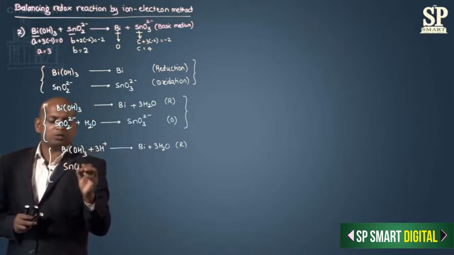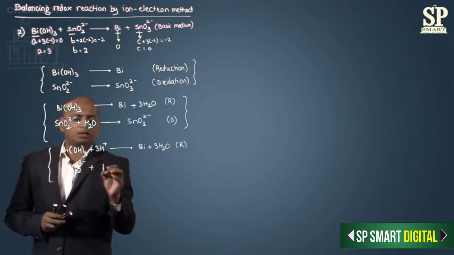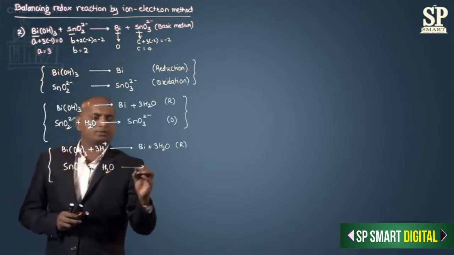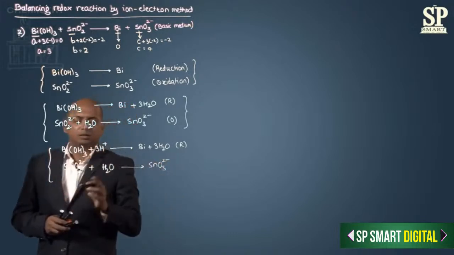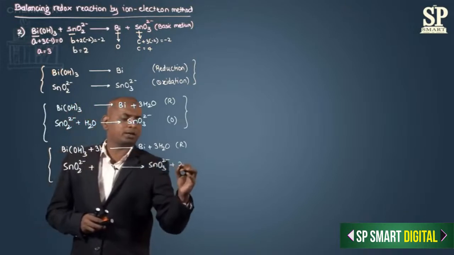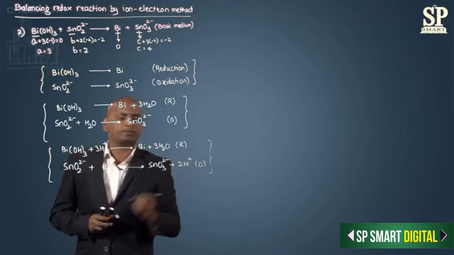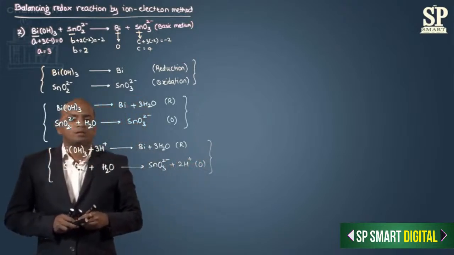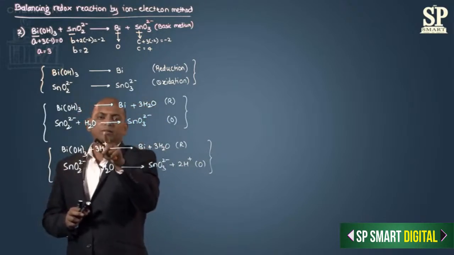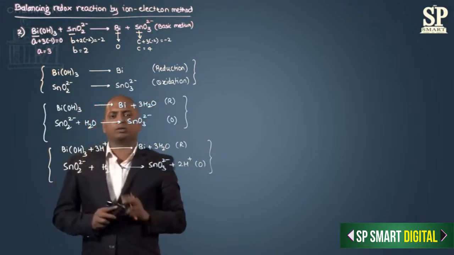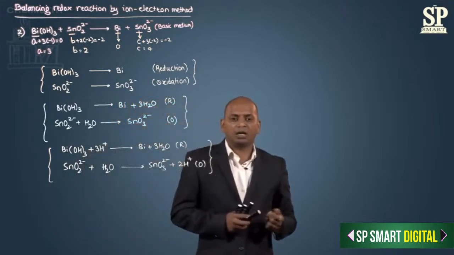Then SnO2 2 minus plus H2O gives you SnO3 2 minus plus 2H plus. So I should write 2H plus on this side, oxidation. So balance the number of atoms, balance the number of oxygen, balance the number of hydrogen. The next step will be balancing the charge.